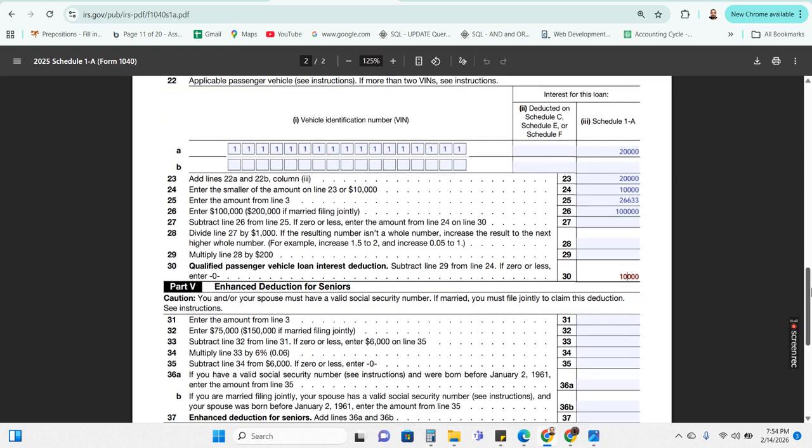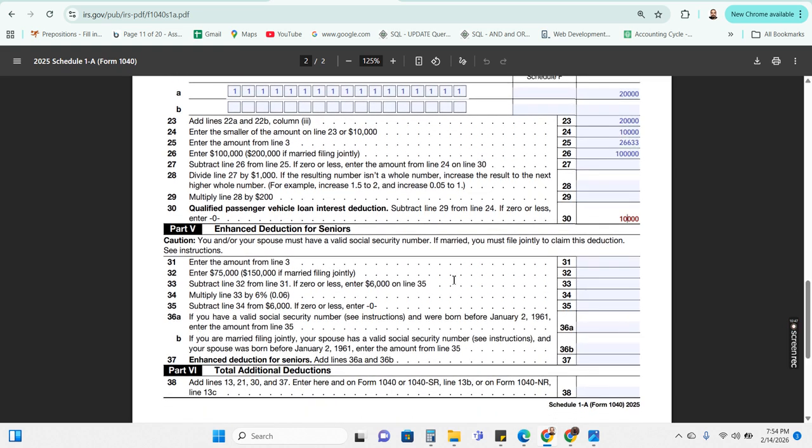Okay. For part 5, we can also deduct the enhanced deduction for seniors. In this case, my taxpayer is not 65 or above. So this is for 65 or above. Understand? So in line 38, at lines 13, 21, 30, we have got 10,000.